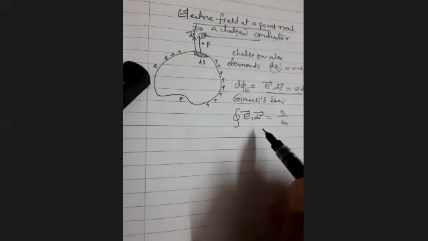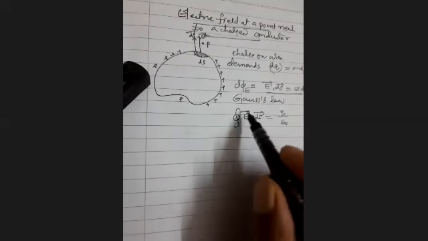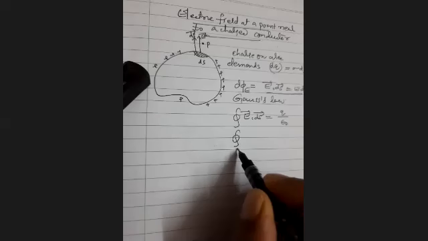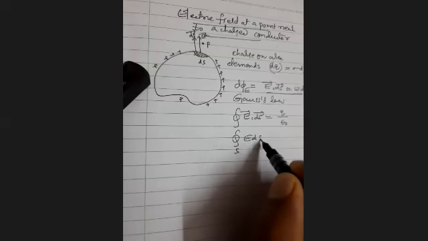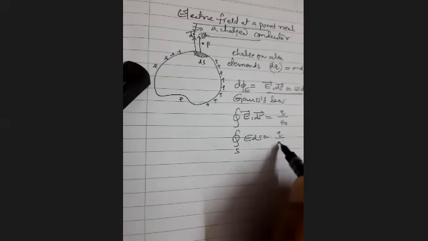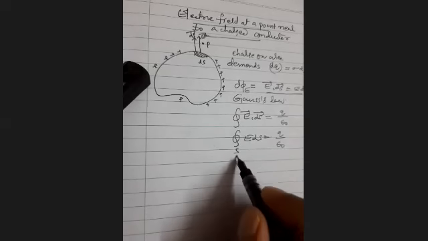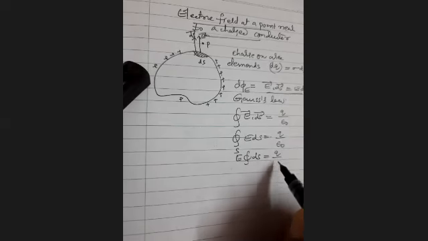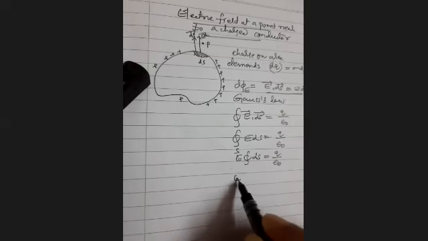Now the total flux through the entire surface, closed integral E bar dot ds bar, is equal to q by epsilon naught. E into closed integral ds equals q by epsilon naught.